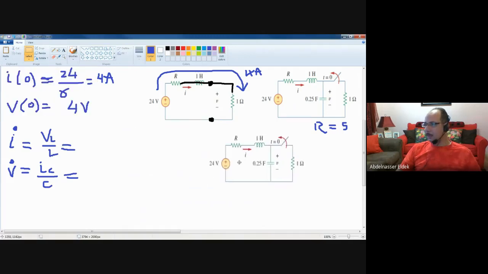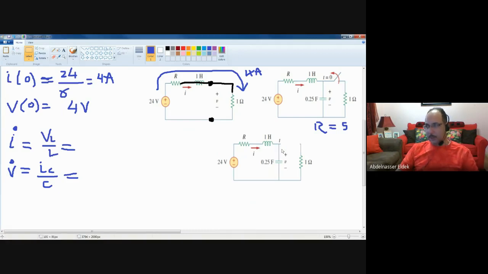Here is the circuit. When you change the switch, this means the switch is open. When it is open, this 1 ohm is not connected to the circuit, so you can remove it. This is how the circuit looks when you turn off the switch.